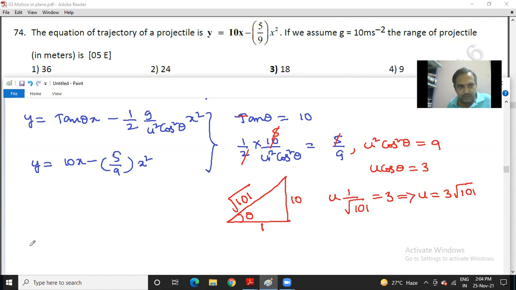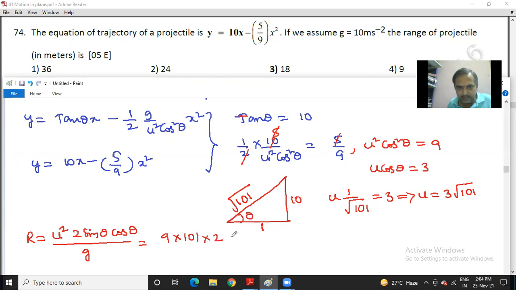Now, the question is the range. R is equal to u square 2 sin theta and cos theta divided by g. So therefore, u square, what is u? u is 3 root 101. So it will be 9 into 101 with 2 sin theta.